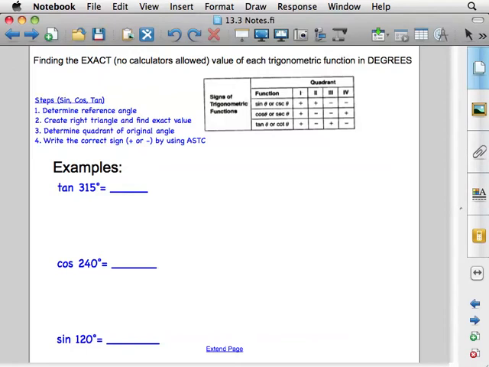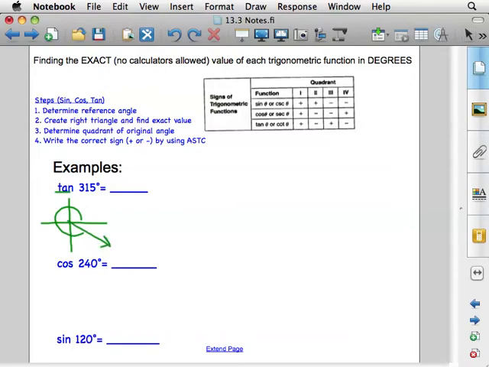You see our first step, and this is for our sine, cosine, and tangent. When we're looking for just tangents, cosines, or sines, we need to first determine our reference angle. Remember, our reference angle, we can sketch it, is the acute angle created with the x-axis. So if we have 315 degrees, we are wrapping around and coming into the fourth quadrant.